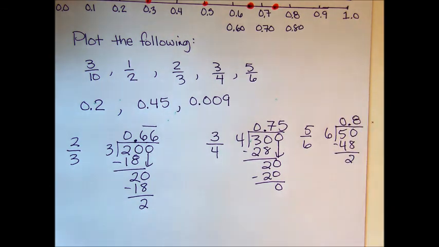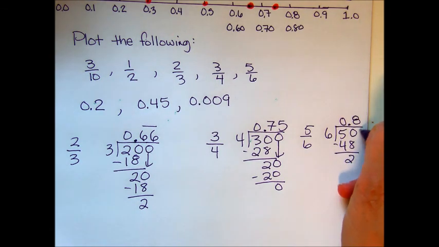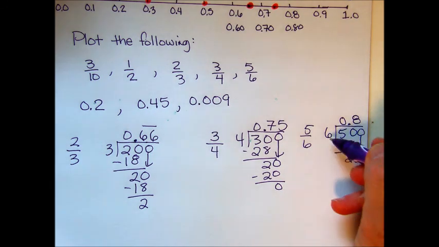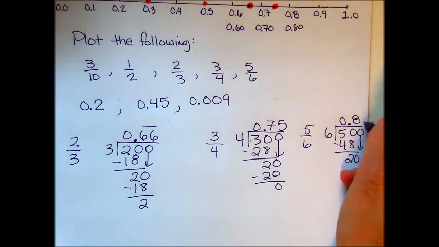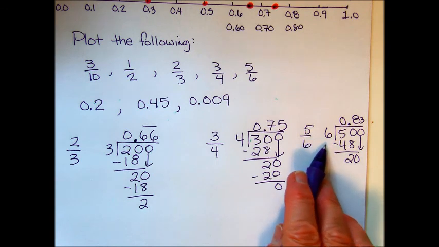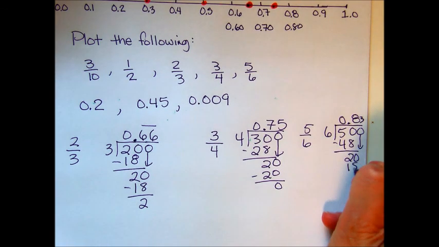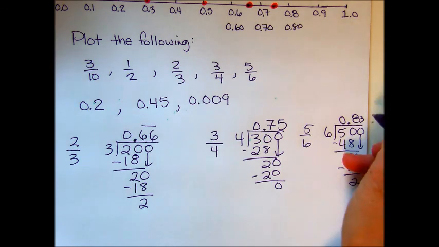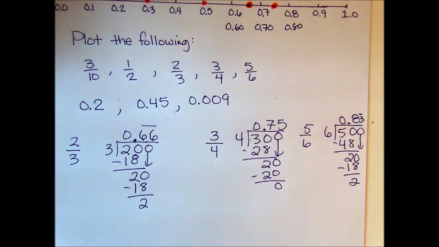Subtract, I get 2. I need to add another 0. And 6 goes into 20 3 times. Hey, I think we're going to have a similar thing here. It's just in the reverse. We get 18. Guess what? I get a 2 again. So this 3 is going to keep going.